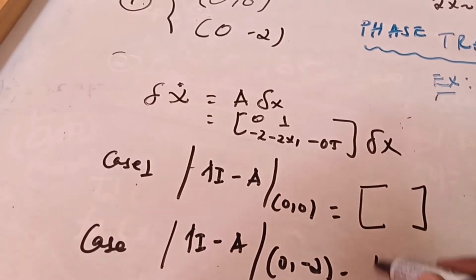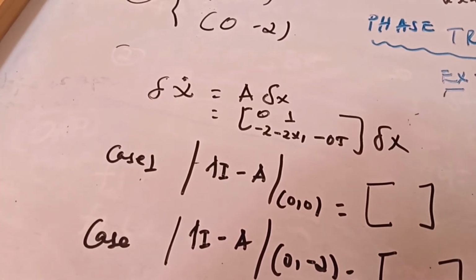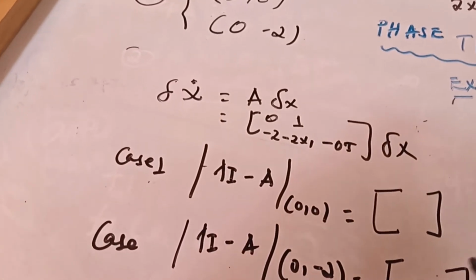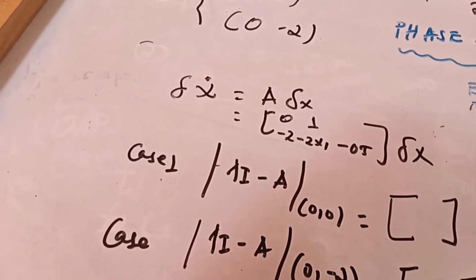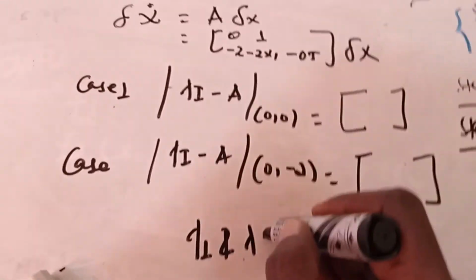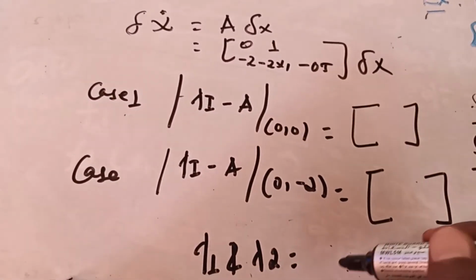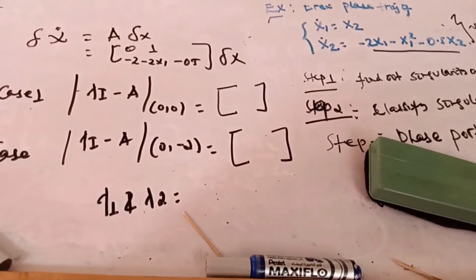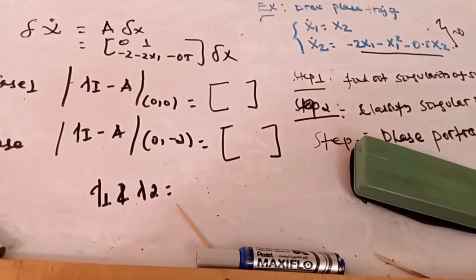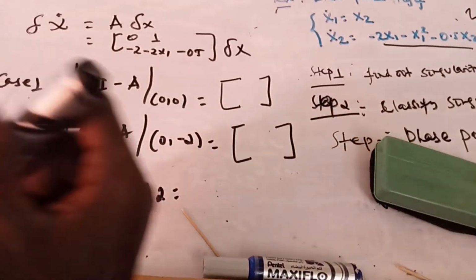And for case 2, we got a sum equation in here. For that, again we find lambda 1 and lambda 2. In the first case, our lambda is negative.